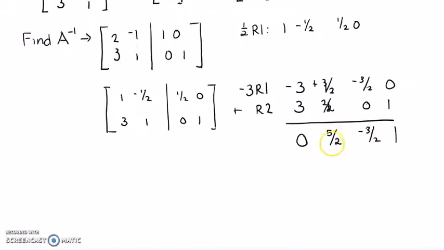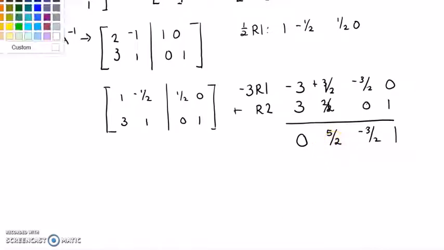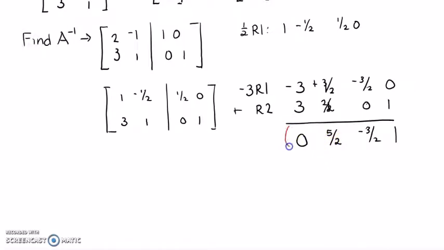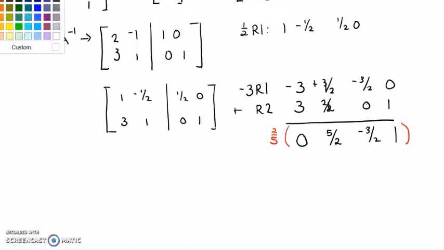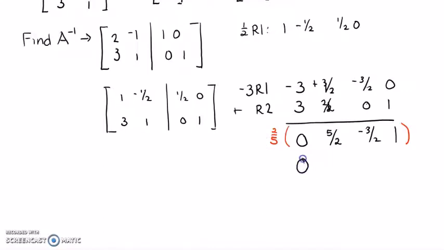Now, I would like for this number here to be a 1. In order to convert that to a 1, I'm going to multiply this row by 2/5. The 2 divided by 2 reduces.